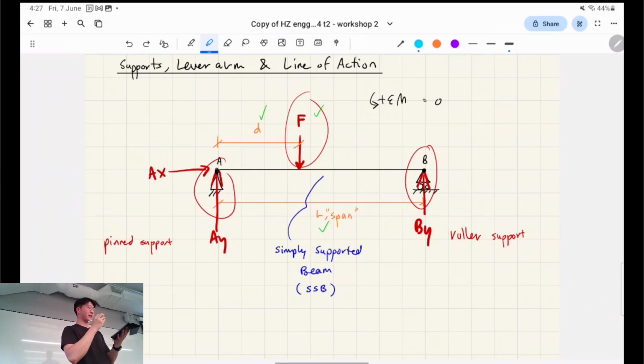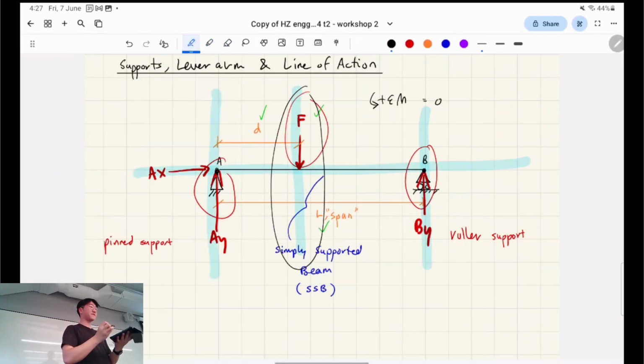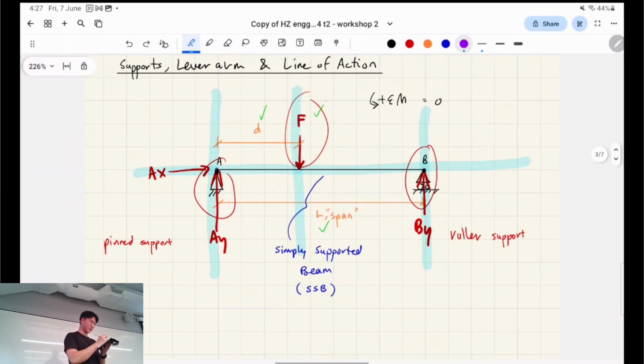This is like an invisible line that spans infinitely in both directions of that arrow. Okay, so the line of action for these looks like this, right? So this is the line of action for that point load. So write that down quickly. Sometimes you'll see this as LOA.